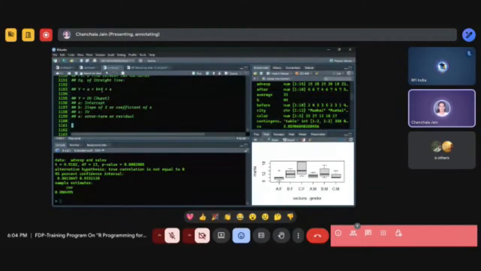Companies hope that if they invest in advertisement, this much will be the sales. So they may have hired some analysts to forecast the sales on the basis of the advertisement expenditure. That means they want to predict the sales.